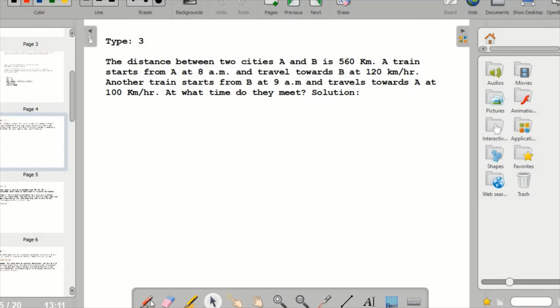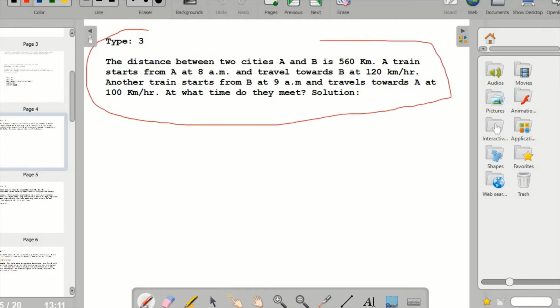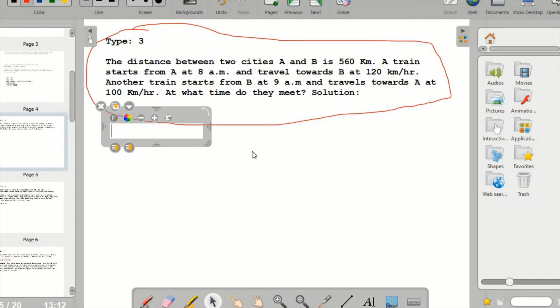I want to mention one thing: this type is very important because you have many problems in this type in your examination. So please listen carefully. You will have at least one question from this type. Okay, here the distance between the two cities A and B is 560 kilometers.